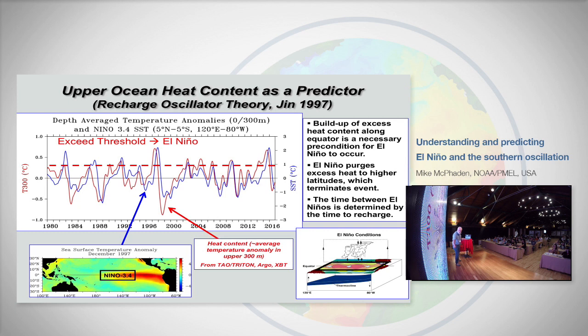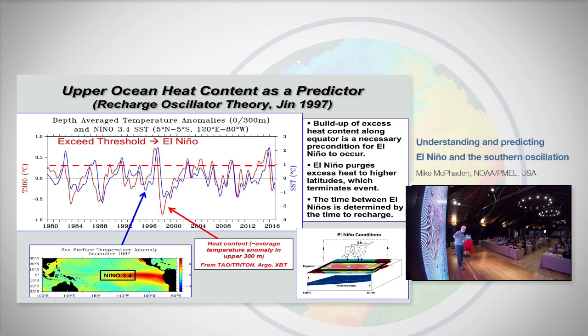One is our Niño 3.4 sea surface temperature index, and the other is a heat content index, which is basically the average temperature anomaly in the upper 300 meters integrated across the basin from the coast of South America to the coast of New Guinea between 5 north and 5 south.